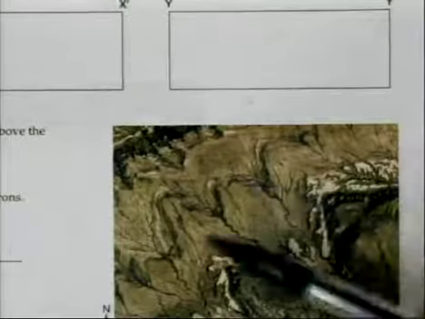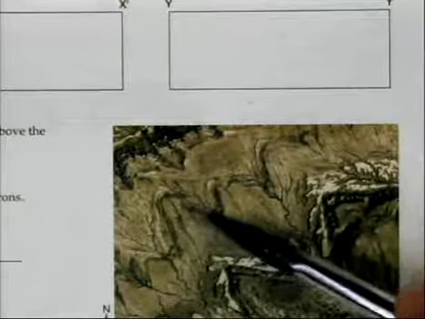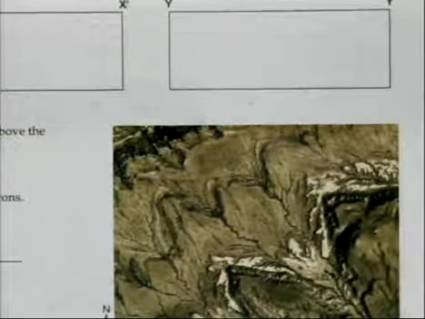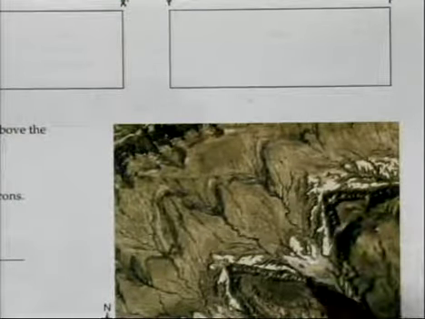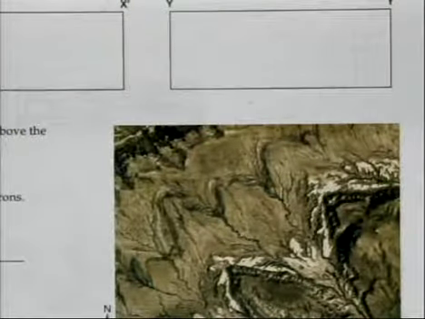Here's another stream. The flat irons are in between. There's one, there's another. And here are the V notches eroded by the stream as it crosses. So using your rule of V, we want you to indicate which direction the beds are dipping and what the strike is, and then draw a strike dip symbol on that diagram.